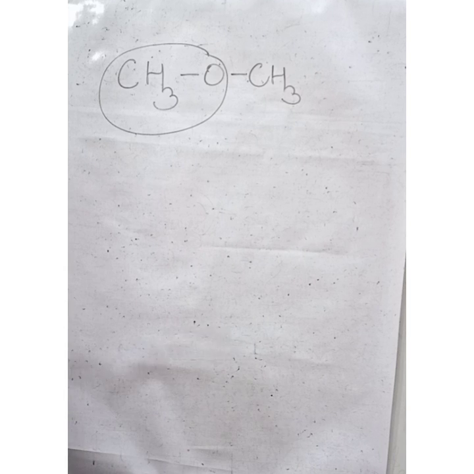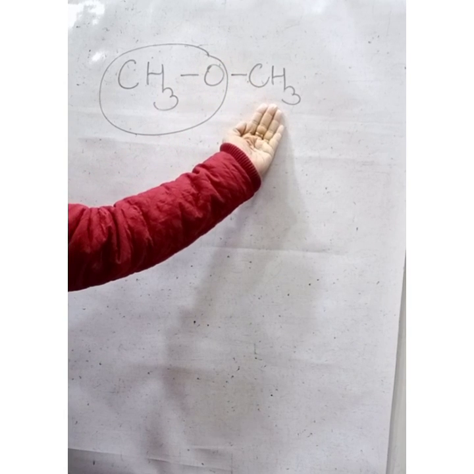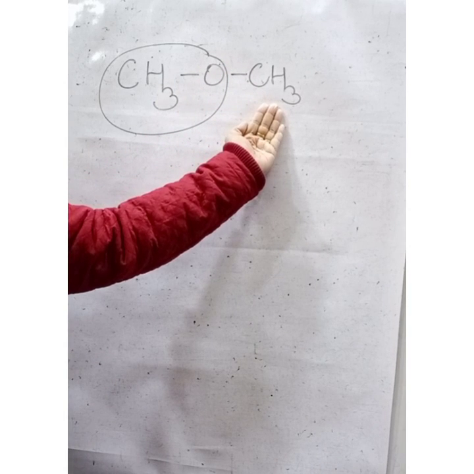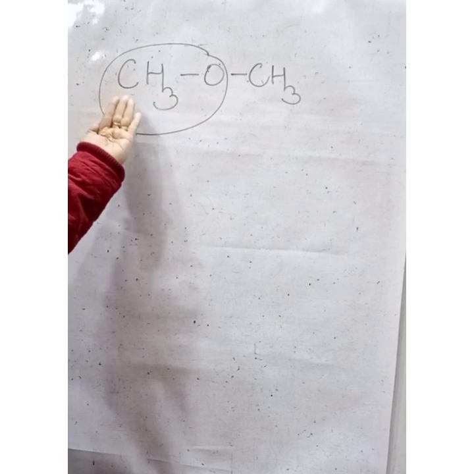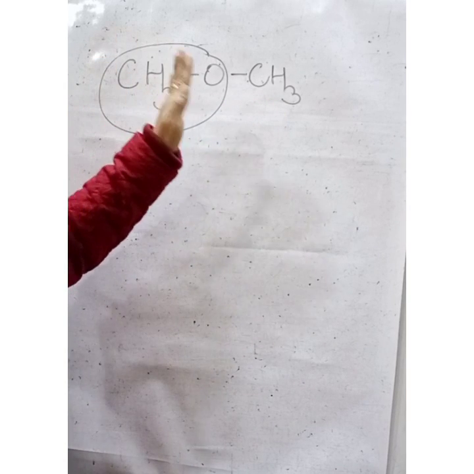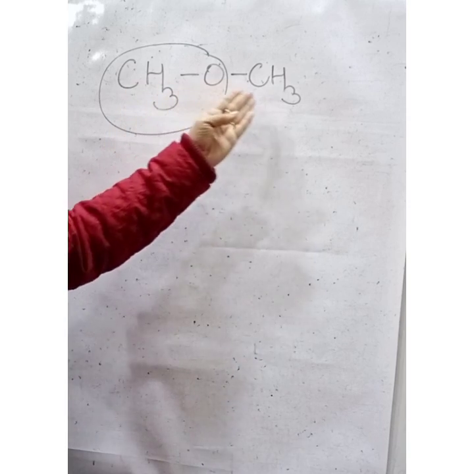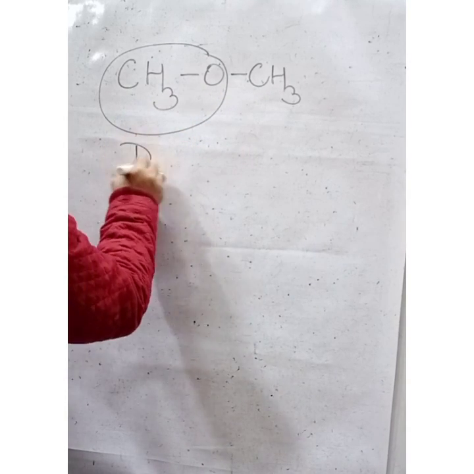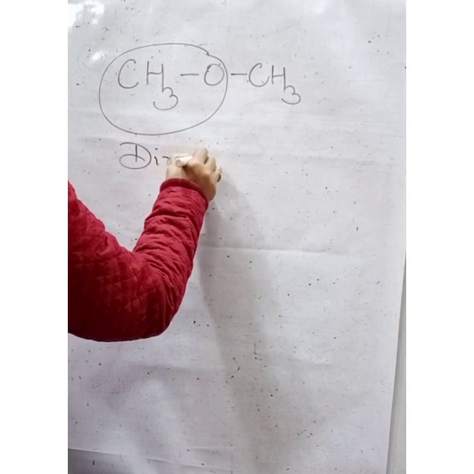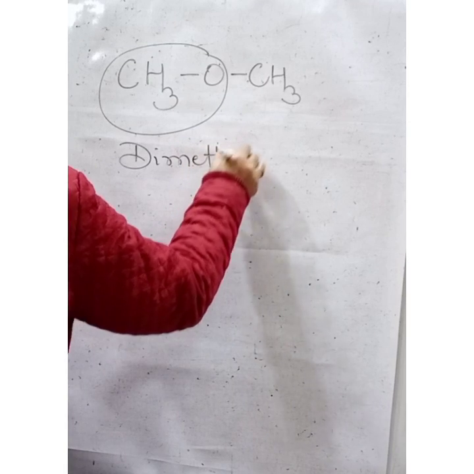Now name it. Methyl is the substituent group here, again methyl, and ether is the suffix used. So 2 times methyl is there, and the name becomes dimethyl ether.